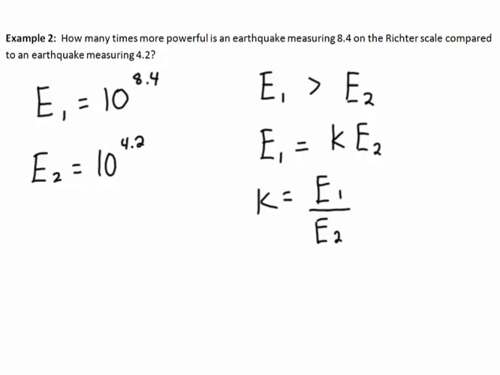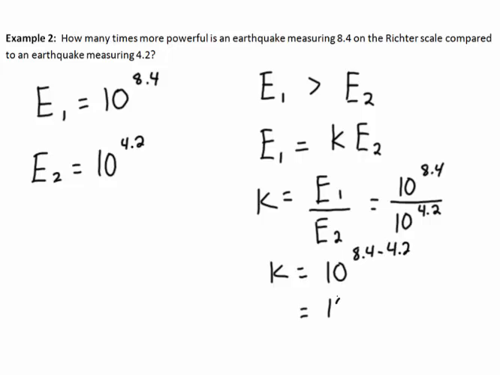Well, earthquake 1 was 10 to the 8.4, and earthquake 2 is 10 to the 4.2, and now we can use our rules for exponents. The base is the same, so we would subtract the exponents, 8.4 minus 4.2, and our intensity would be by some factor greater, just do that subtraction, of 10 to the 4.2.